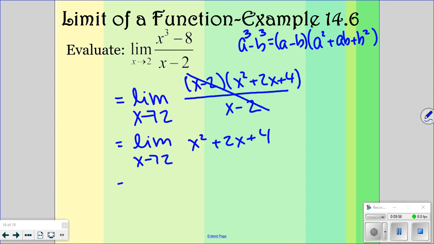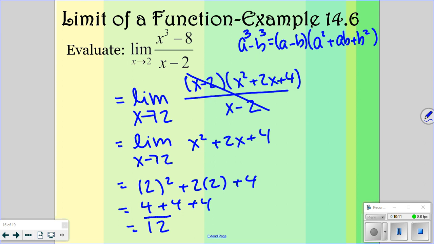So you can plug in 2 at this point. And so you get 4 plus 4 plus 4, which is 12. And so that's your answer for that one.